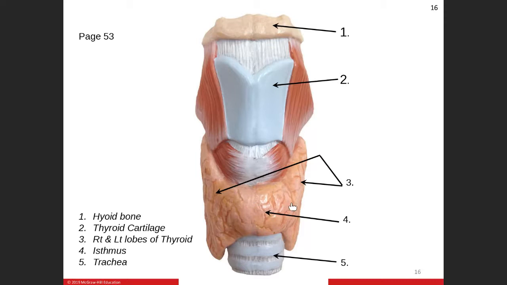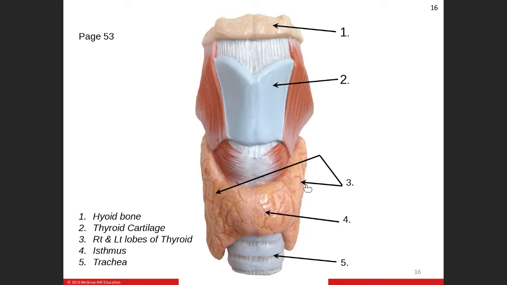Then just below the thyroid cartilage, here's the isthmus, the narrowing portion of the thyroid gland, and on either side you have your thyroid lobes here. You have to be anatomically correct, you guys. If you can see the hyoid bone and the thyroid cartilage, we're looking at it from the front.